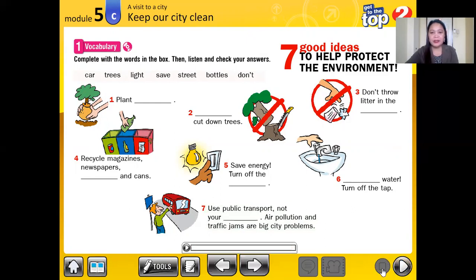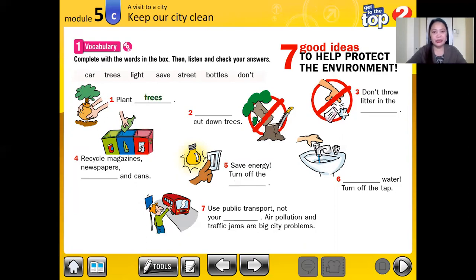All right, so those are the sentences that you listened to. We are going to give the answers for you to write in your book. As you heard, these words are used in the sentences down here. So again, we complete the sentence. Number 1, look at the picture and then complete: plant trees.